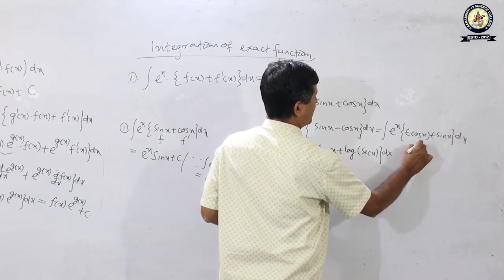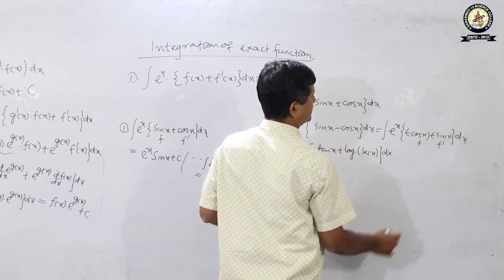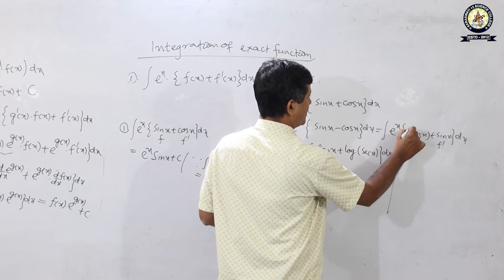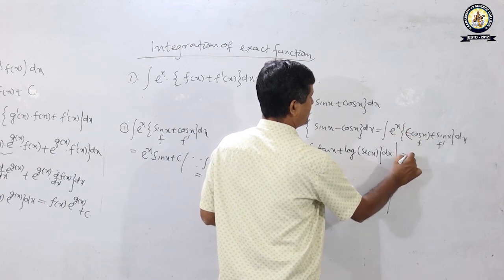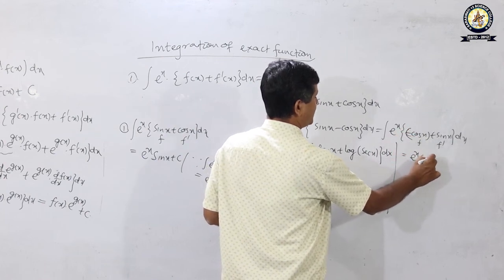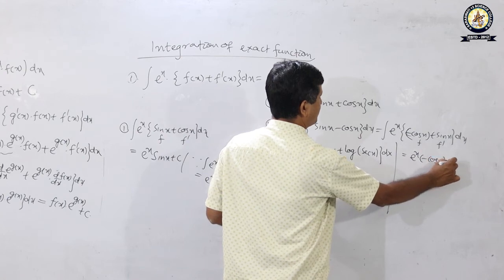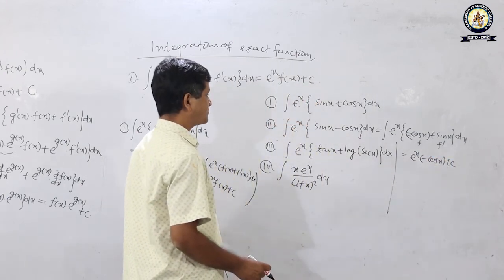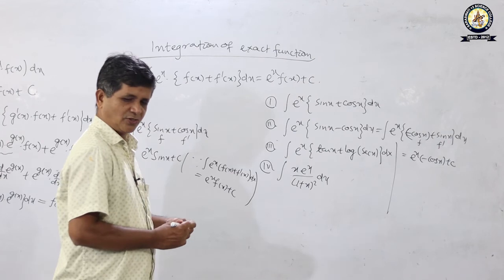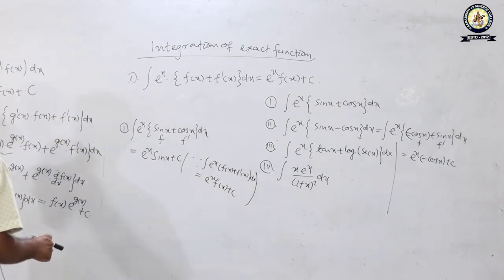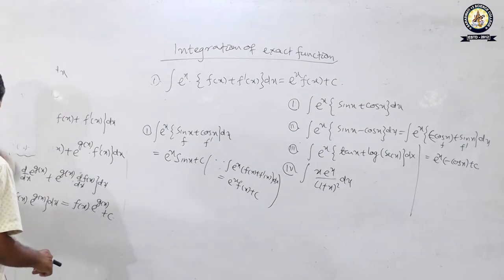So this is the f and this is f dash. So the answer will be e to the power x into minus cos x plus c. Similarly, come to the next bit, the third bit.